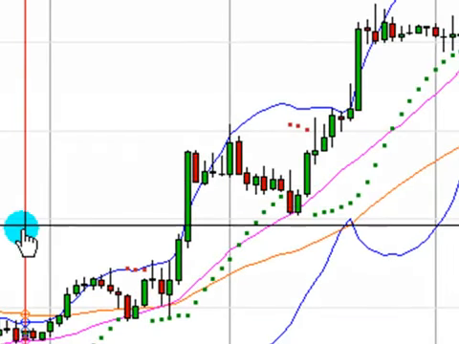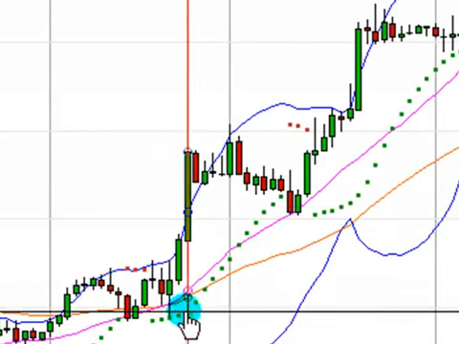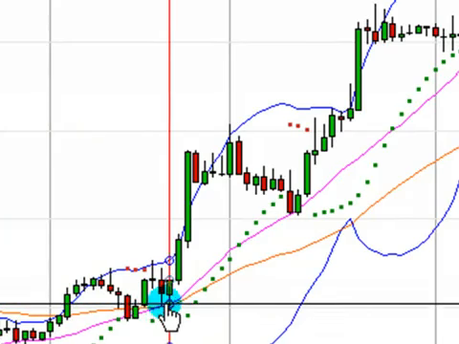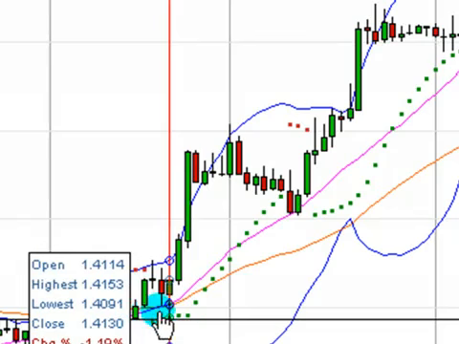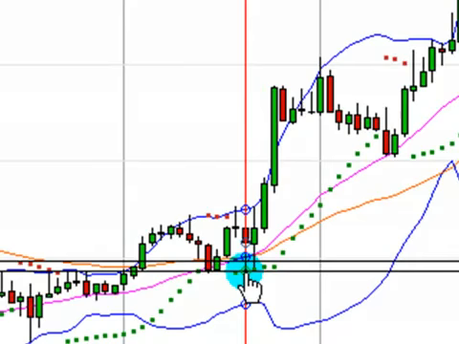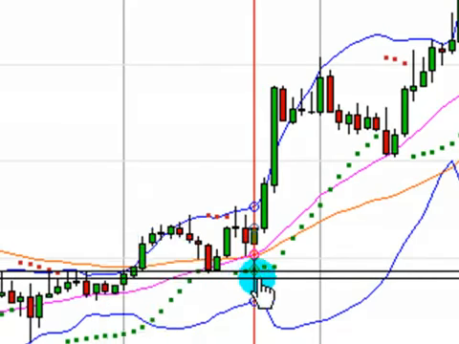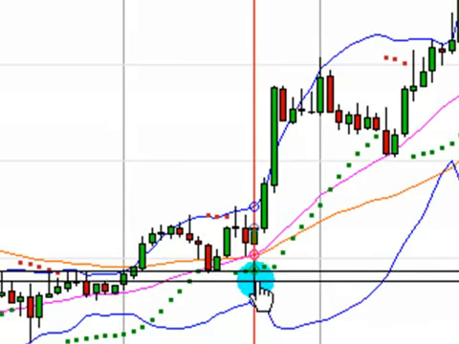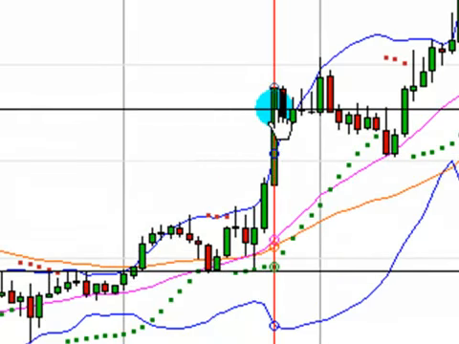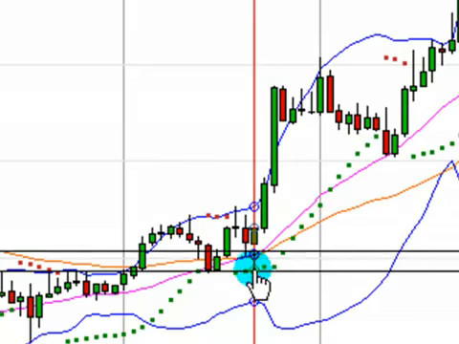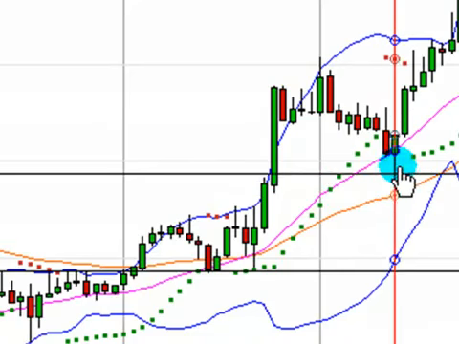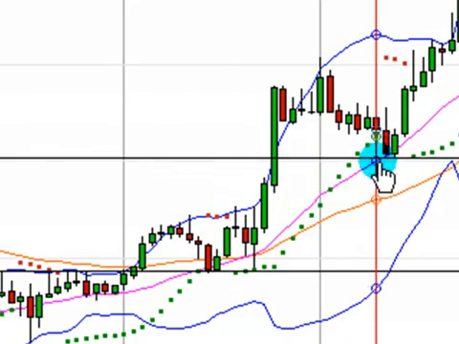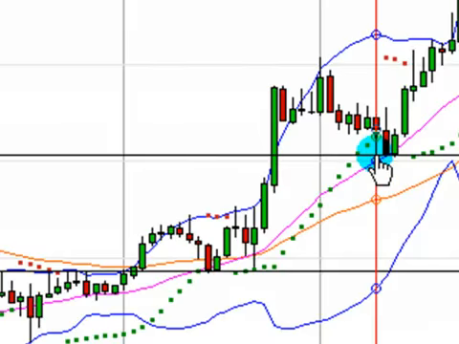Let's take a look at another one, which is this one here, which is a price bounce back. It has spiked the 20 moving average, a bullish move with the spike, and we take our trade over there. Now if we go further up, again we have another spike, or should I say a bounce back over here.